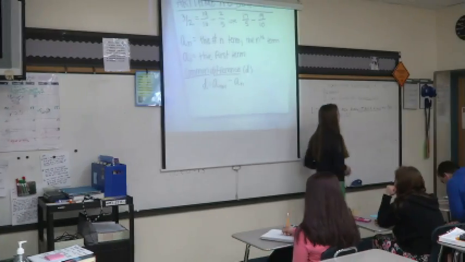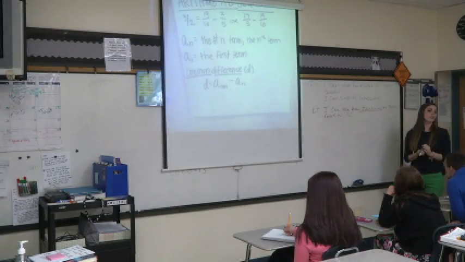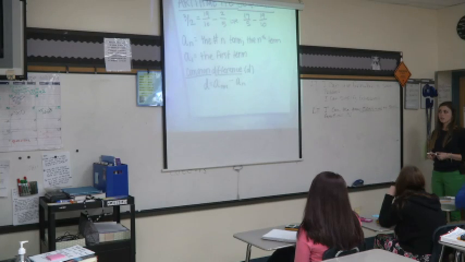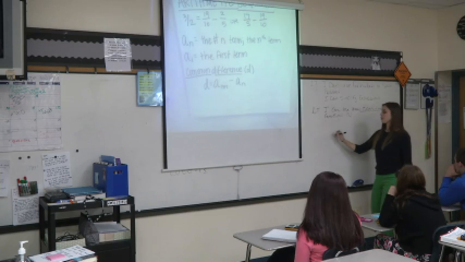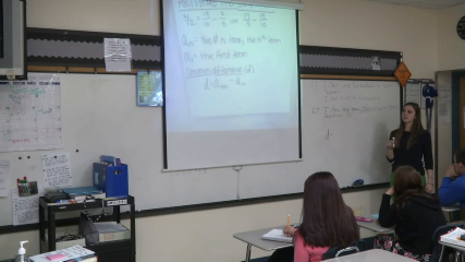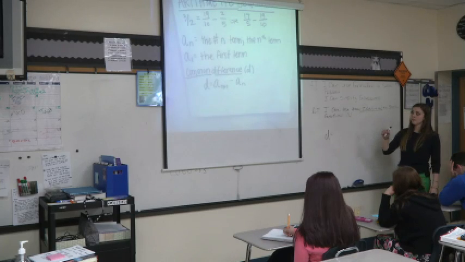So let's say I tell you to use n equals 9. Okay? Let's write the formula for d. So if I say n equals 9, what's the only thing it's telling me to do? Okay, so plug in a 9 for n.